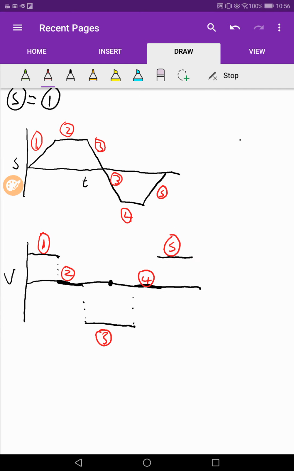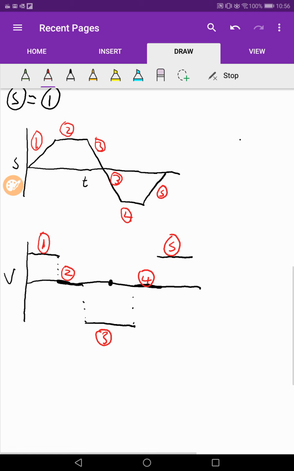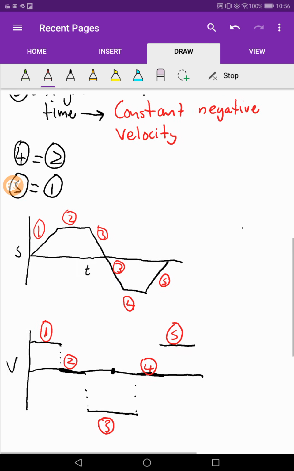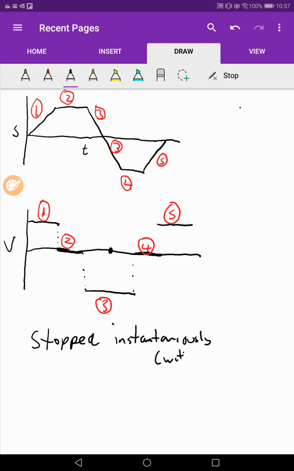Now, what's wrong with the very simple scenario I've given is that I said we stopped instantaneously, i.e. without deceleration.